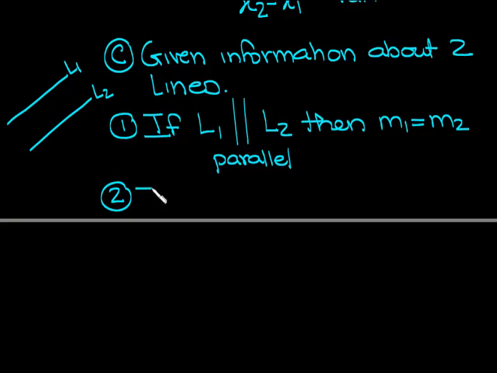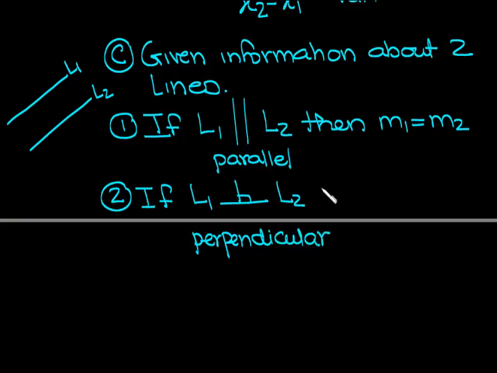Similarly, if line 1 is perpendicular to line 2, then the product of their slopes is -1.